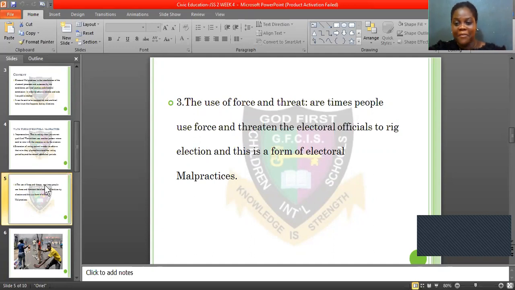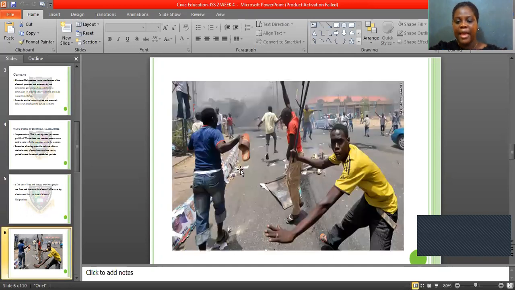And there is nowhere you can run to. You kind of fear for your life, and though it's not right, out of threat, out of force, people are being forced to do rigging, to do electoral malpractices. Let's look at the example of the chaos that was being caused during election.